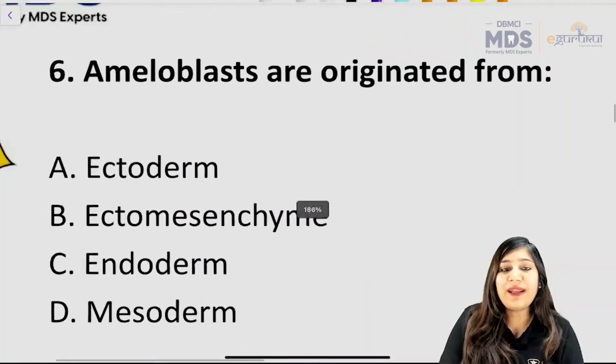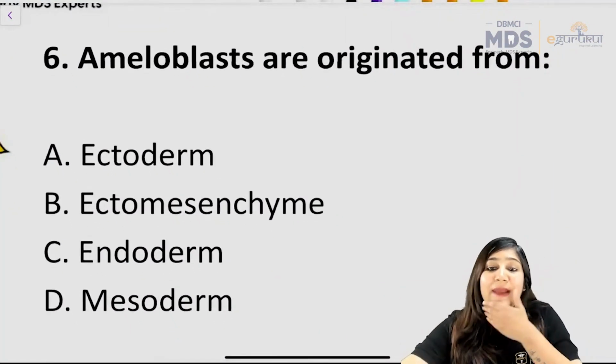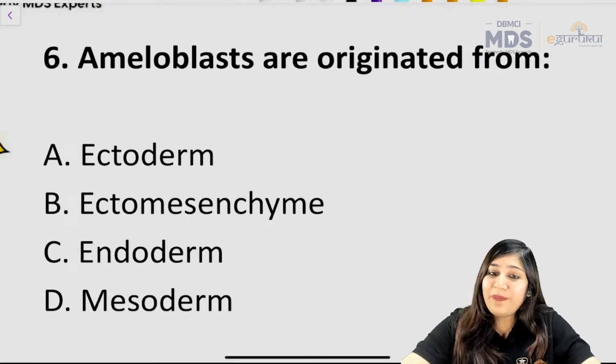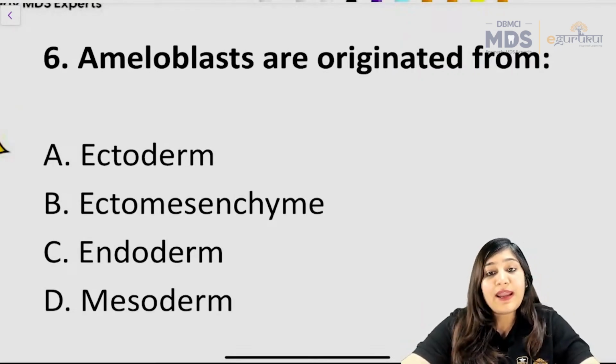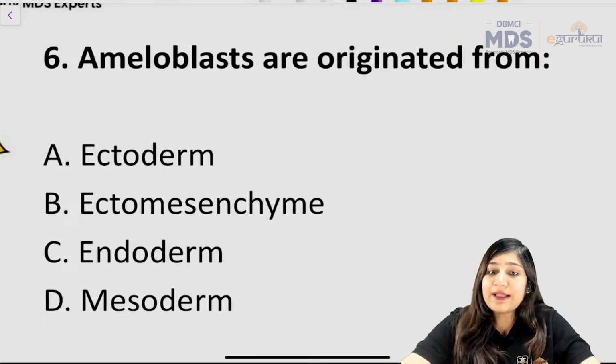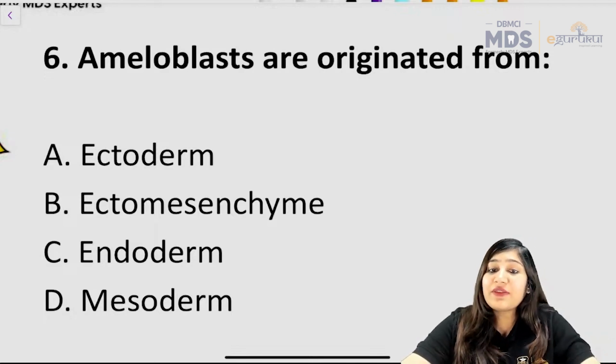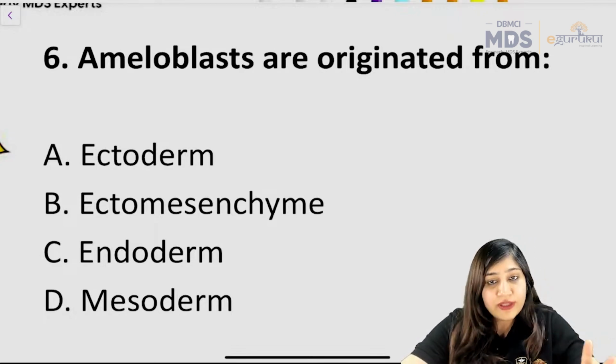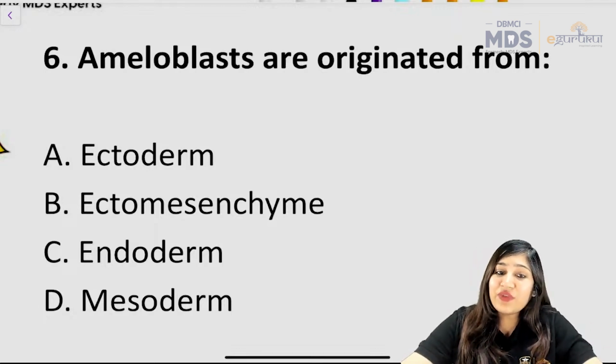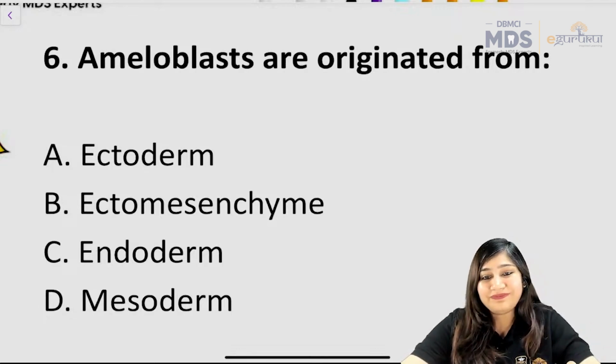Now coming to our next question. Ameloblasts originate from ectoderm, ectomesenchyme, endoderm, or mesoderm. So in a recent INI-CET paper, there was a question that the calcified structures of the tooth arise from which layers? So it arises from both the layers, ectoderm as well as mesoderm.